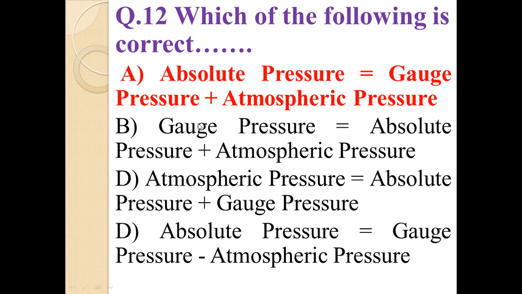Option B, gauge pressure is equal to absolute pressure plus atmospheric pressure. Option C, atmospheric pressure is equal to absolute pressure plus gauge pressure. And the last option D, absolute pressure is equal to gauge pressure minus atmospheric pressure.